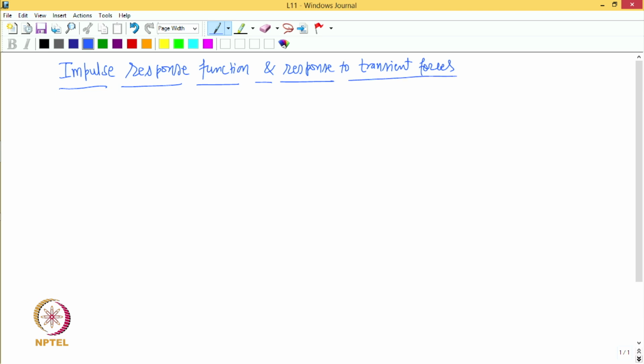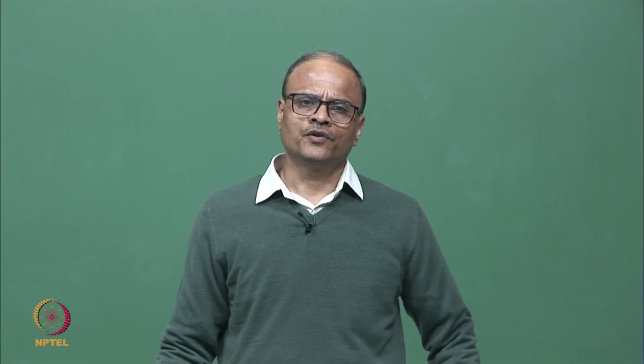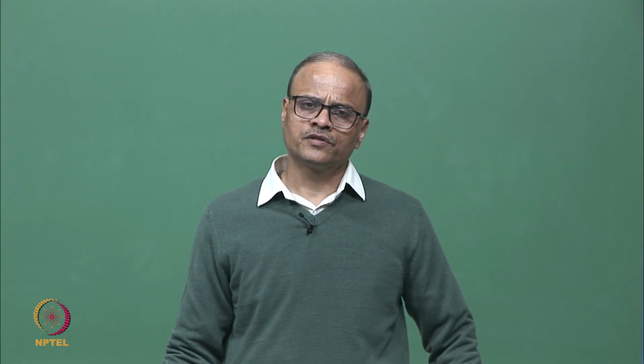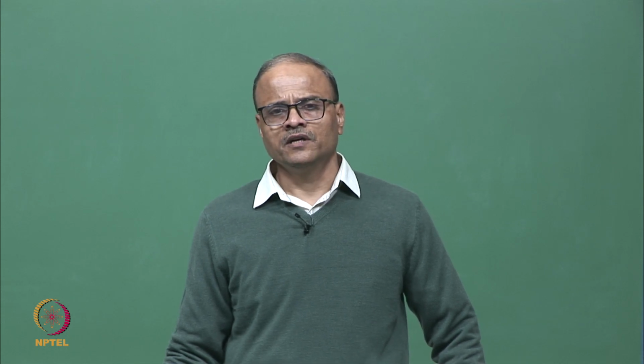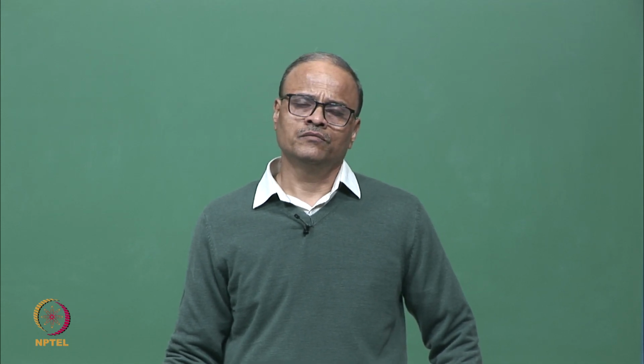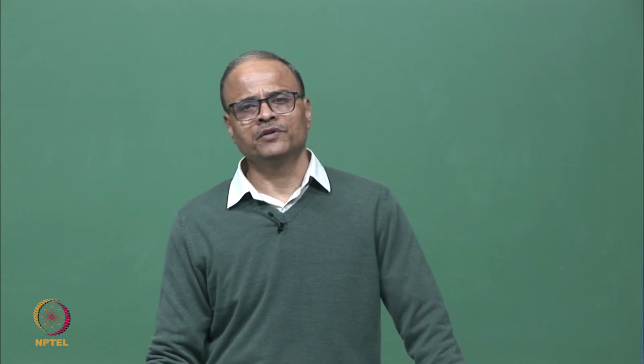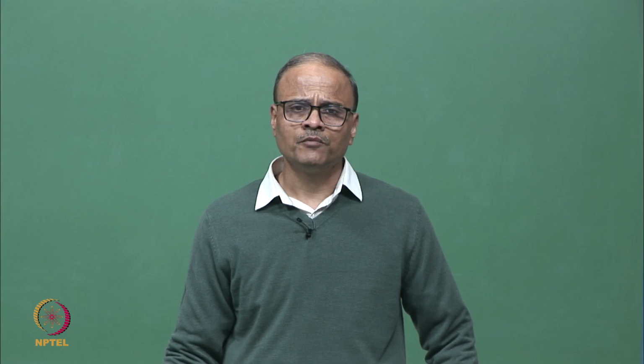So, a brief outline of the lecture is as follows. First, we will define what is unit impulse, then we will determine the impulse response function of a single degree of freedom system with viscous damping. Then we will see the concept of convolution integral, which basically is about determining the response of a system to transient force using impulse response function in the time domain.